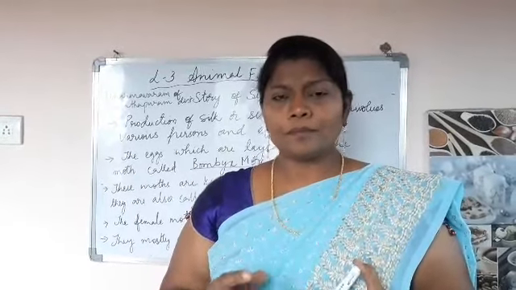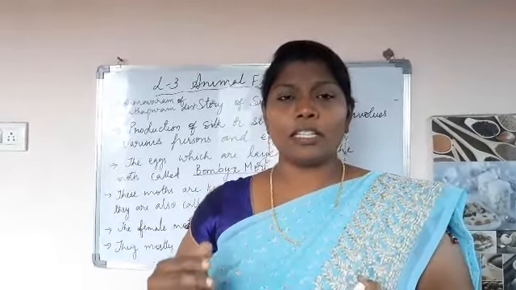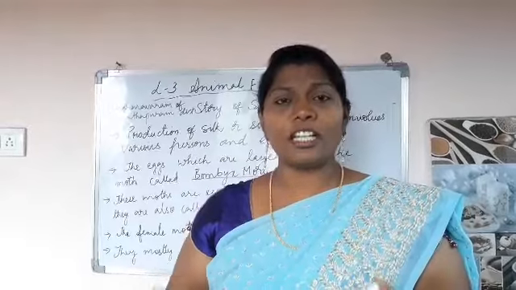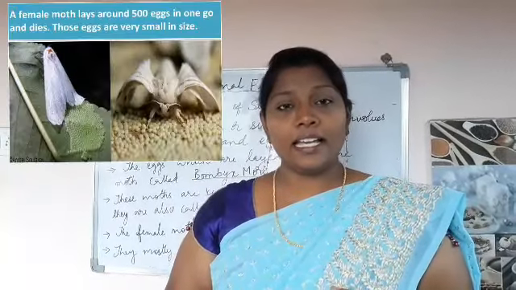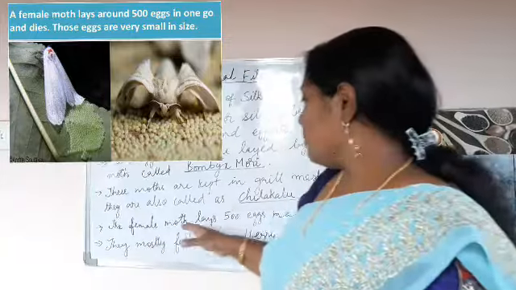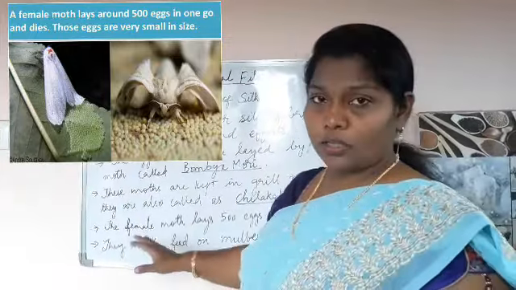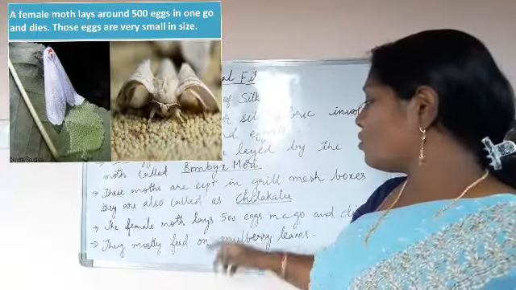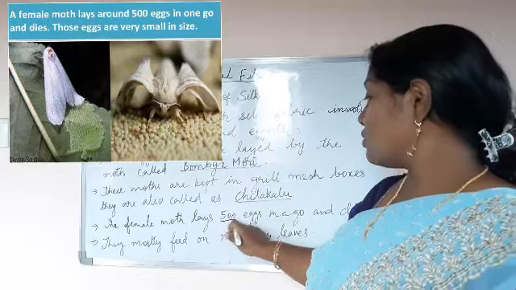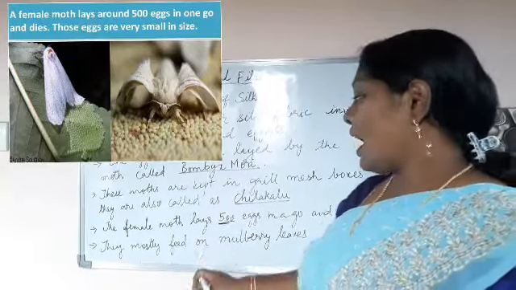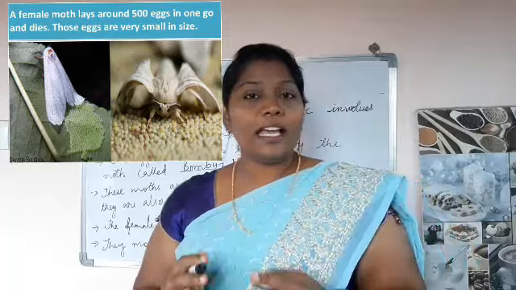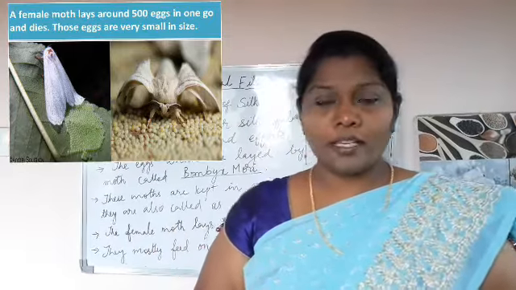Once the female moth reaches a particular age, it will lay eggs. See, children, each female moth lays around 500 eggs at a time. It lays 500 eggs in one go and dies. Okay, there ends the life story of this Bombyx mori.